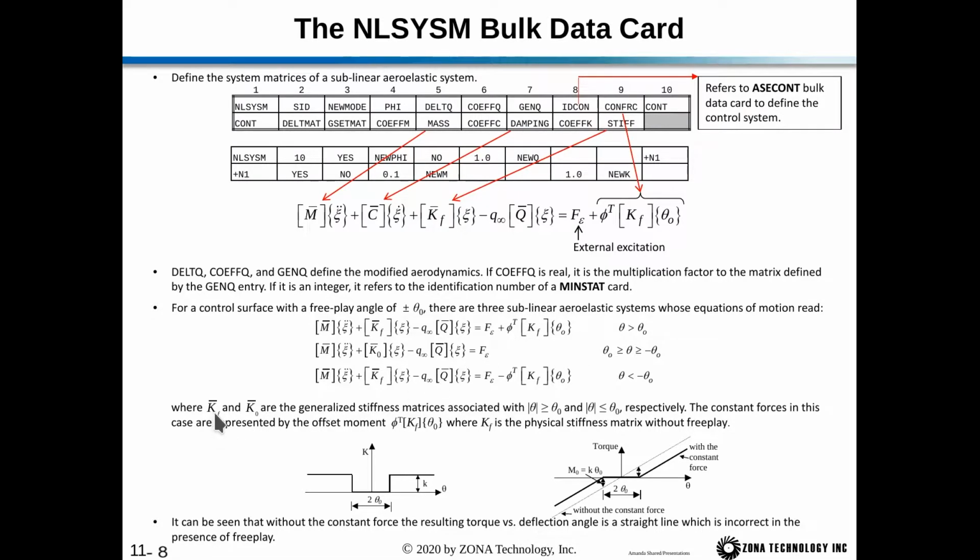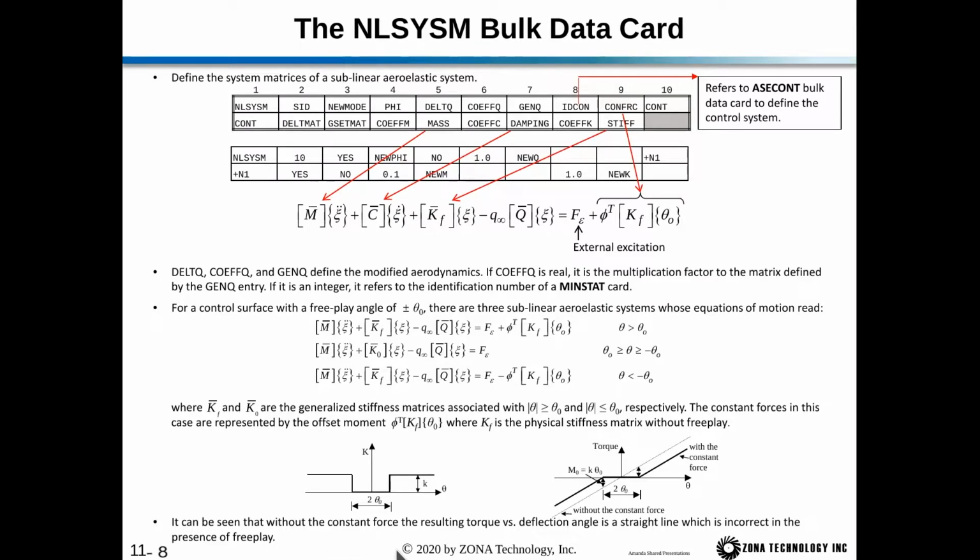So our Kf and K naught are the generalized stiffness matrices associated with the absolute value of theta being greater than theta naught, and then the K0 is when theta is within the Freeplay region. The constant forces in this case are represented by the offset moment, phi transpose times Kf times theta naught, where Kf is the physical stiffness matrix without Freeplay.